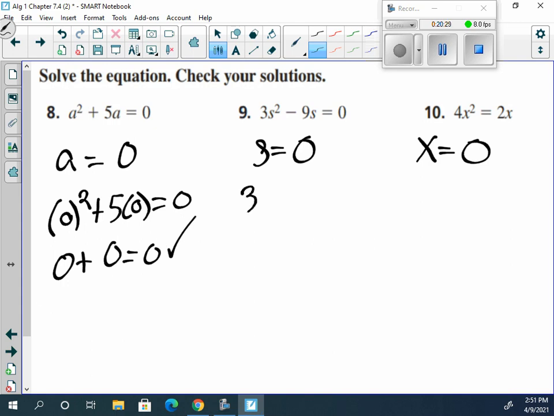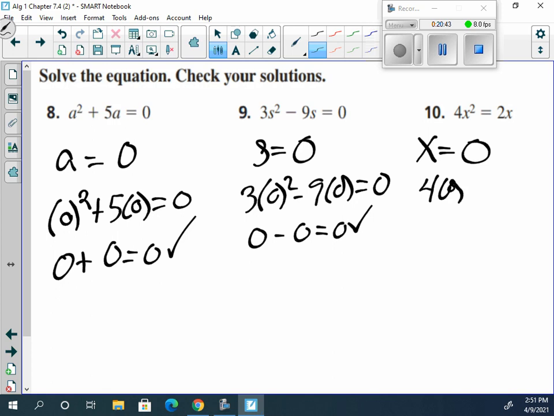Here, 3 times 0 squared minus 9 times 0. Well, that's just going to be 0 minus 0 equals 0. 4 times 0 squared is equal to 2 times 0. 0 is equal to 0. It works. Because whenever we don't have a constant term, it works out just fine.